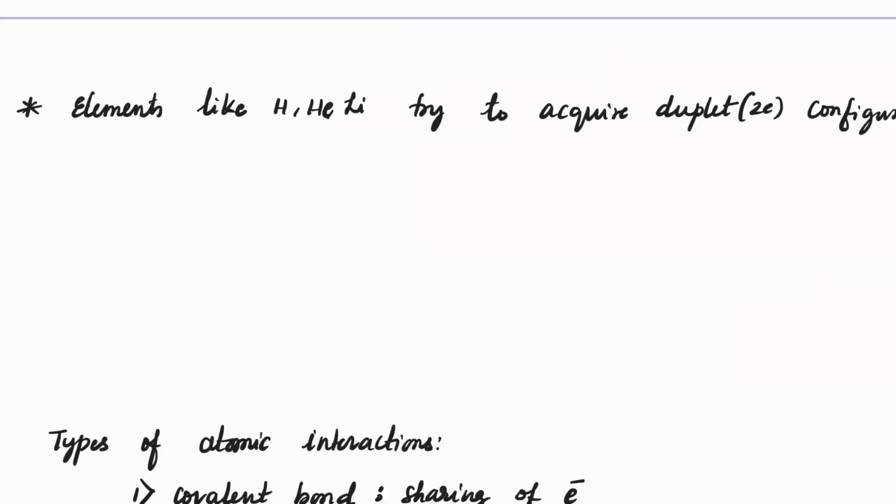For example, I have a hydrogen with a single electron, and another hydrogen with a single electron. As these two hydrogens come close to each other to make a bond, they come to a compromise that we both will share the electrons with each other this way. And this sharing is shown like this.